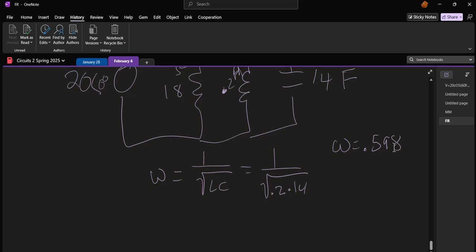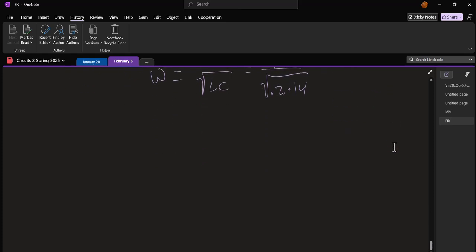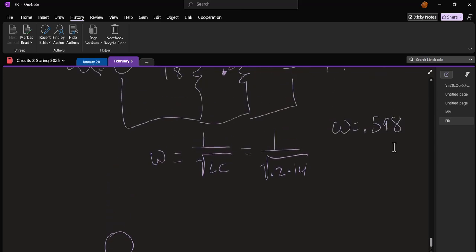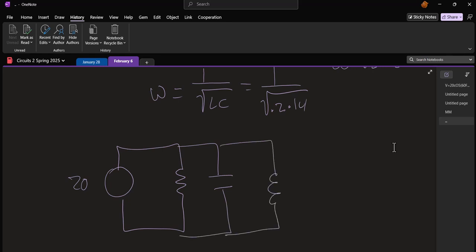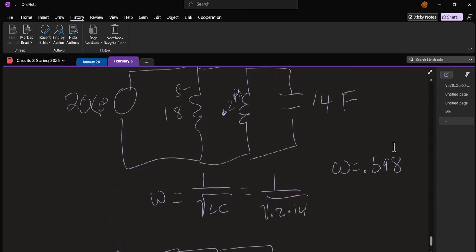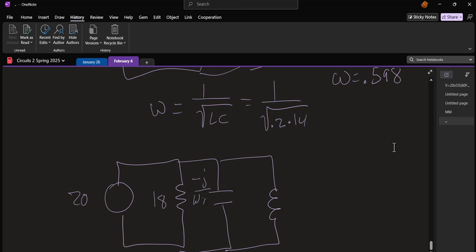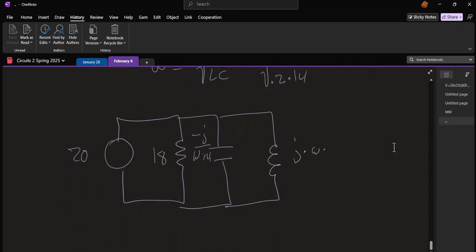Now, if I redraw this in the phasor domain, the resistance remains 18, the capacitance will be minus J over omega times 14, and the inductance will be J times omega times 0.2.